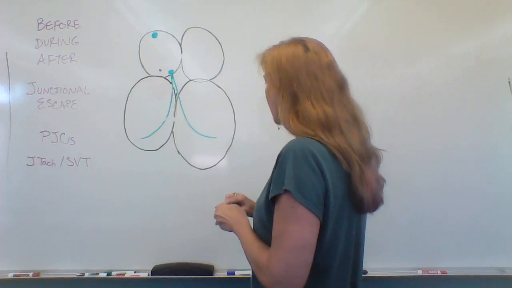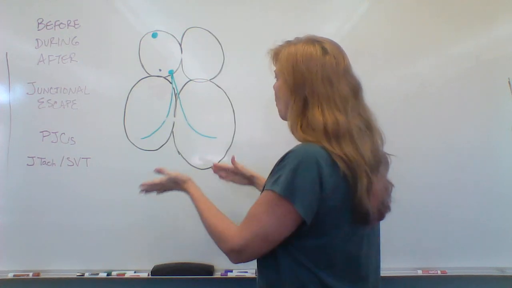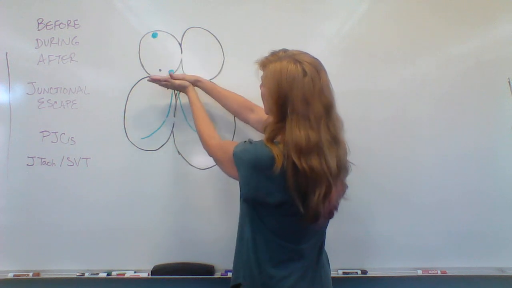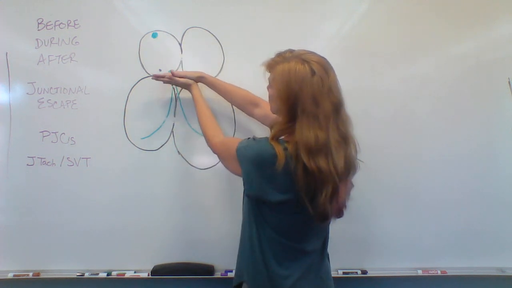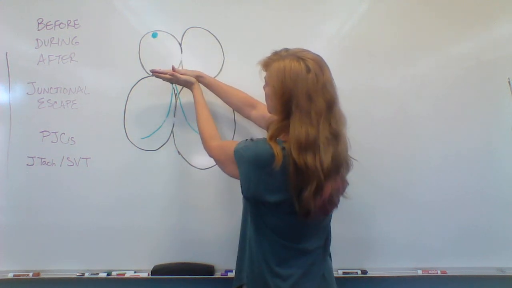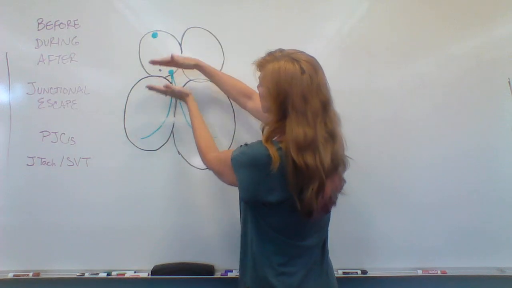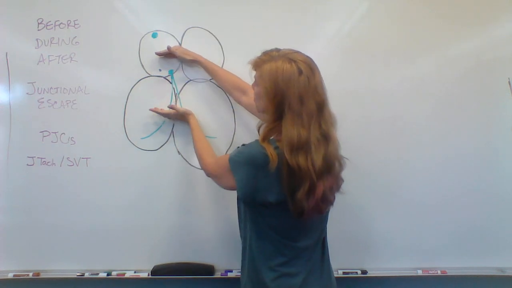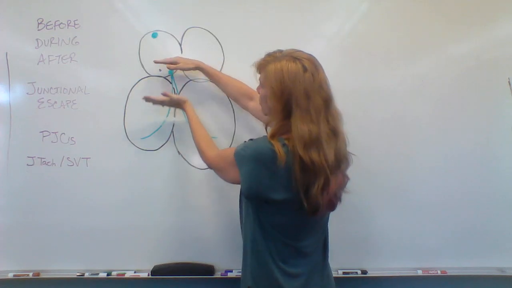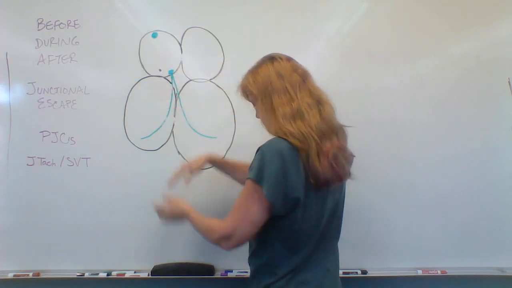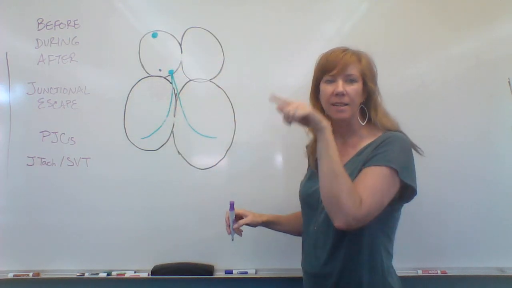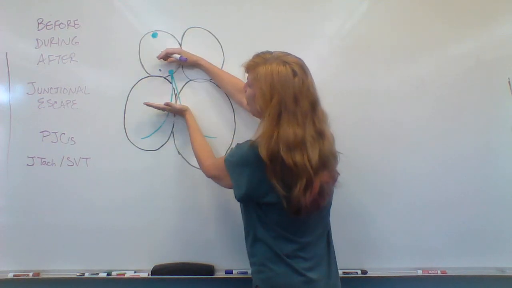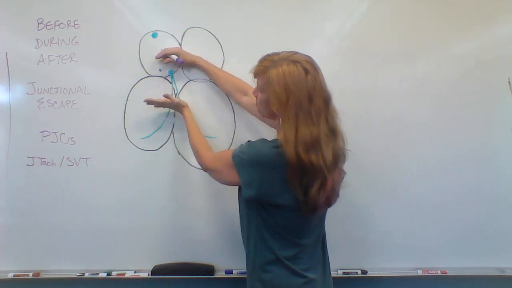In the first case, let's have the P before. So if the P was before, it would mean that the atria depolarized right before the ventricles. But the electricity is traveling retrograde to the atria, and so the P is going to be upside down in lead 2, and they're happening almost at the same time.